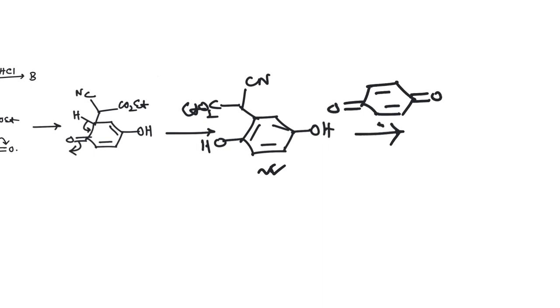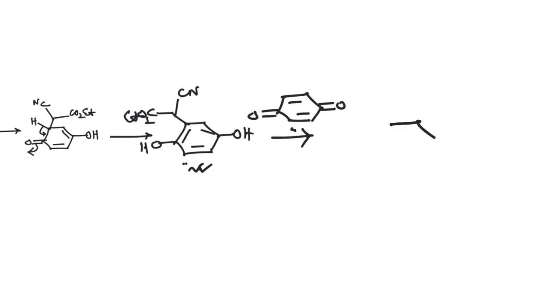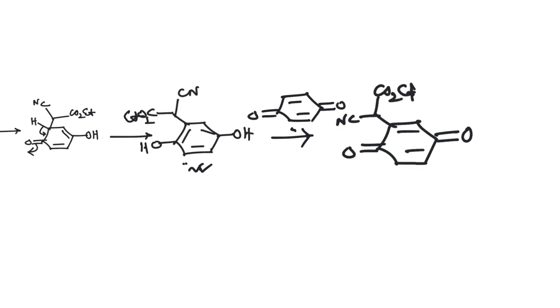Para-benzoquinone has higher reduction potential, so it oxidizes this system, and by this oxidation you will again get a quinoid system like this, and this oxidizes to the benzenoid system, the simple para-benzoquinone.